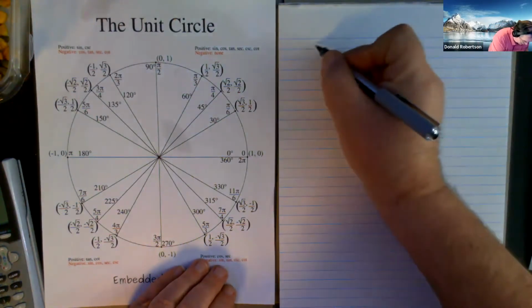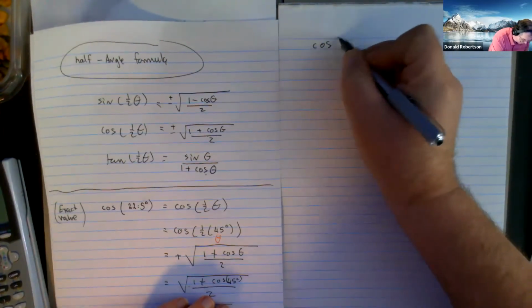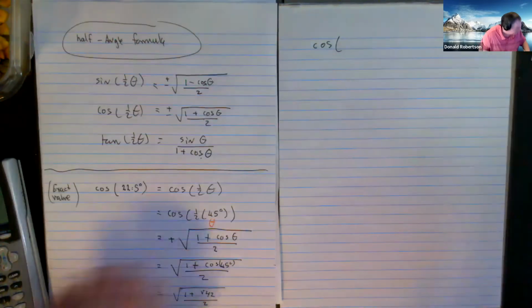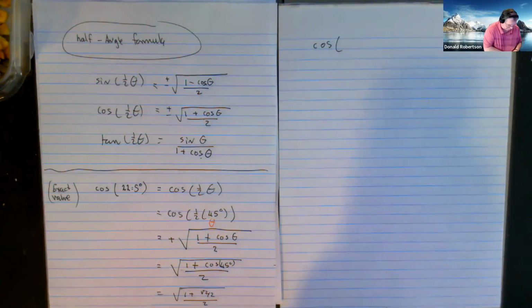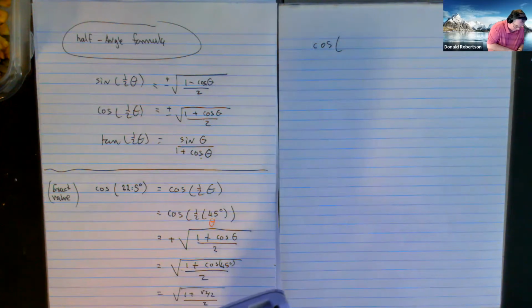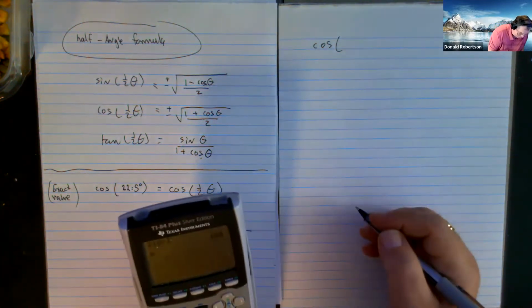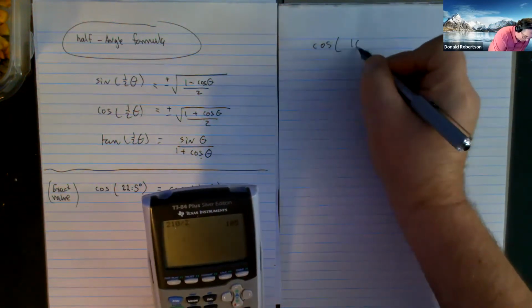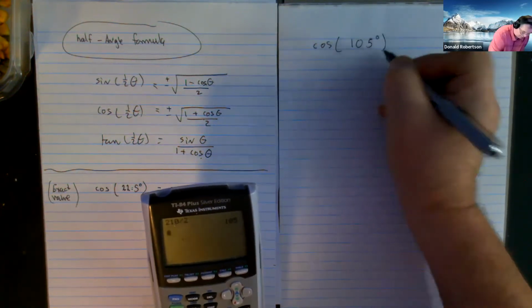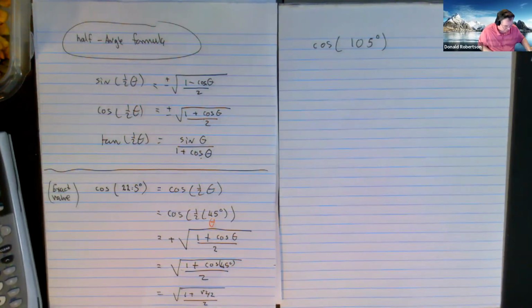So there's only one other combination I haven't done yet. Let's do a cosine of somebody. I'd like to get the exact value for the cosine of 105 degrees.